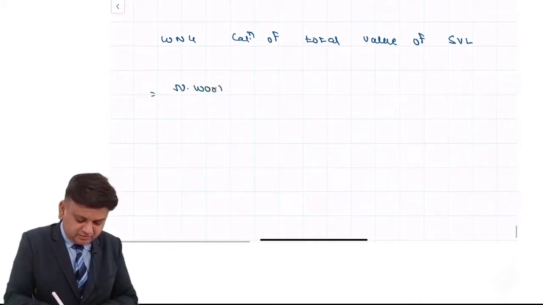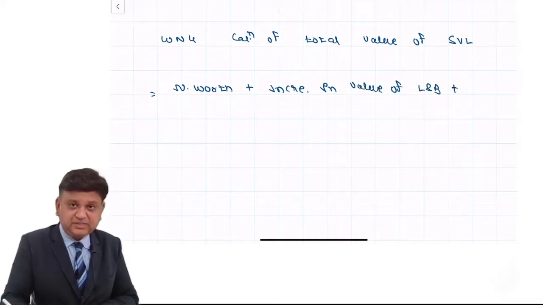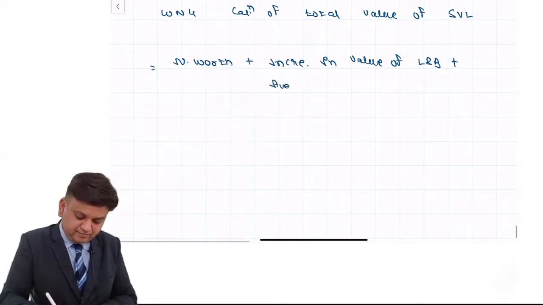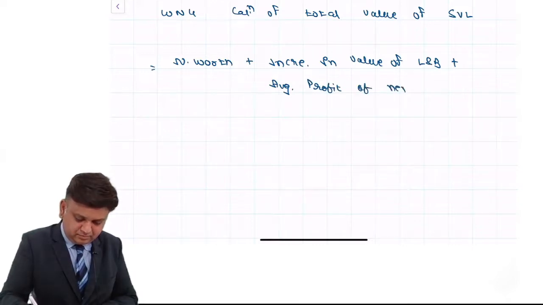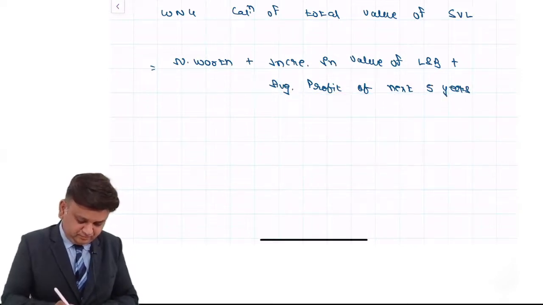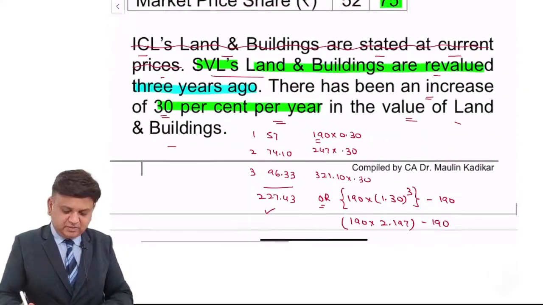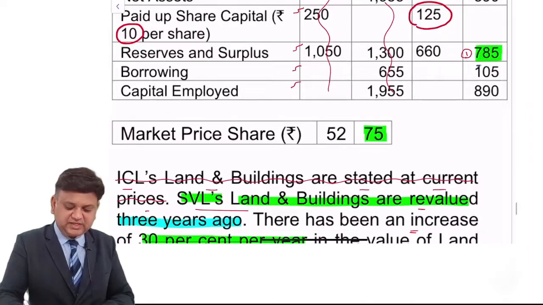It is net worth plus increase in value of land and building plus average profit of next 5 years, whole divided by, this is what the answer is. So net worth is already provided to us in the example. It is an amount of 785 crore. That is the starting point of our answer.